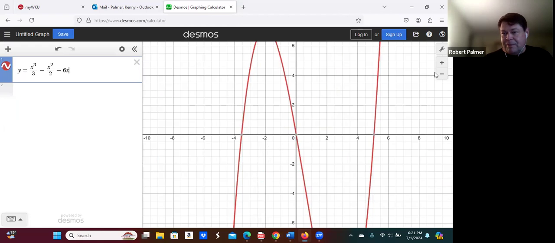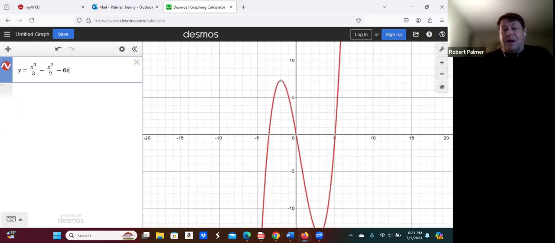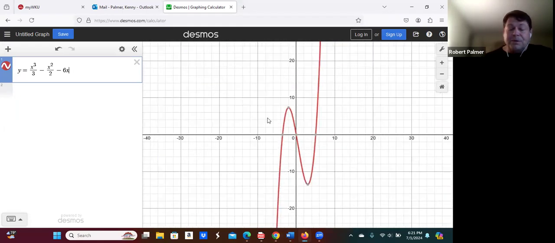Looks like we need to zoom out a bit. Now we can see right away what this looks like. We have a local maximum, the top of a hill, and a local minimum, the bottom of a valley. So we have two of those. I want to see if we can find those, as they are our critical values, as we'll see in a moment.